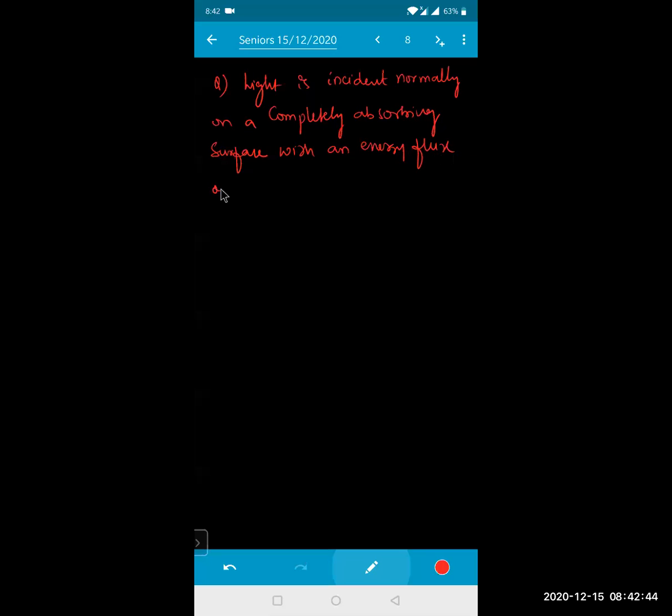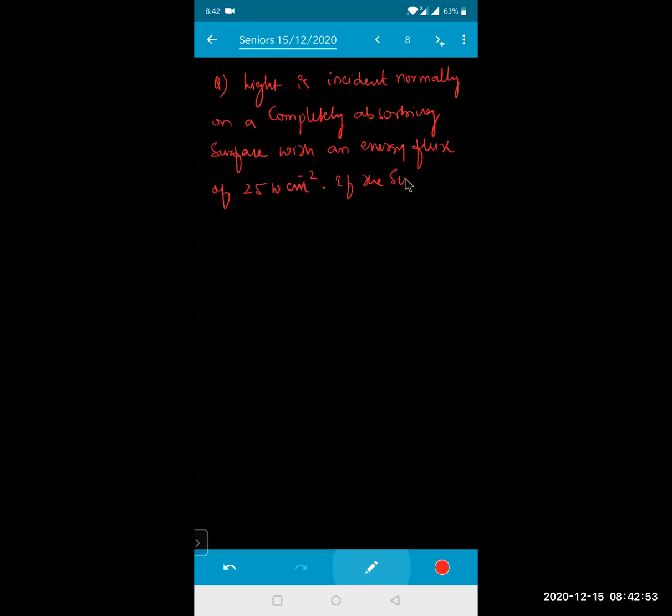Another question, a very good question. Light is incident normally on a completely absorbing surface with an energy flux of 25 watt centimeter inverse square.